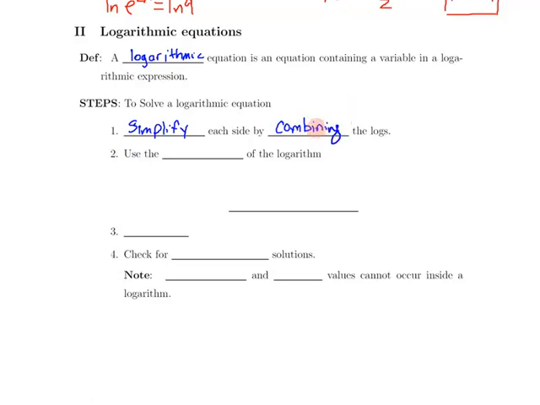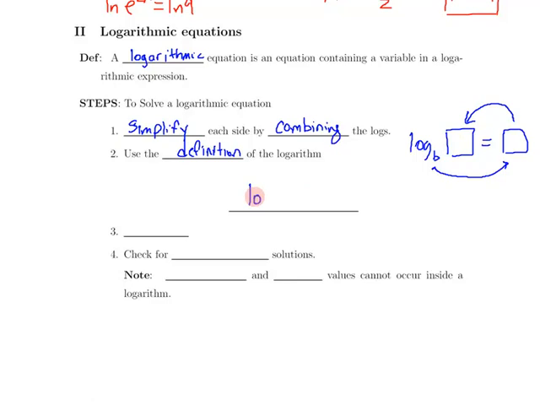the logs. Because if we can get it as log base whatever of something equals something else, then we can use the definition of the logarithm, right? Use this little spiral rule.